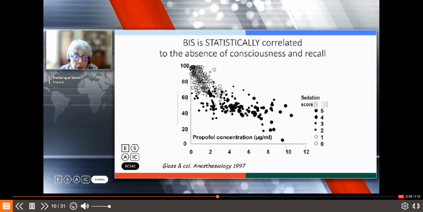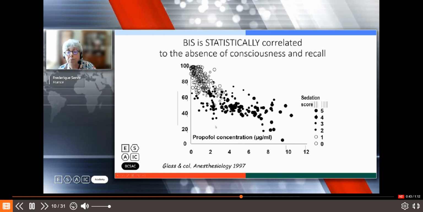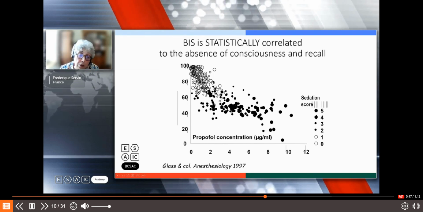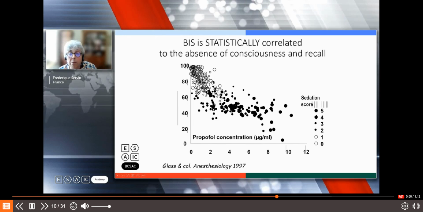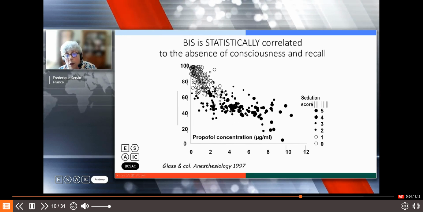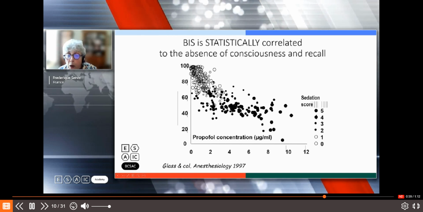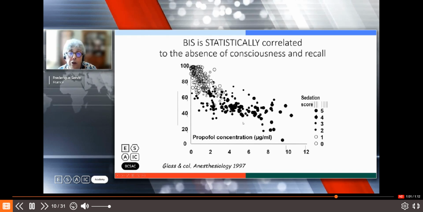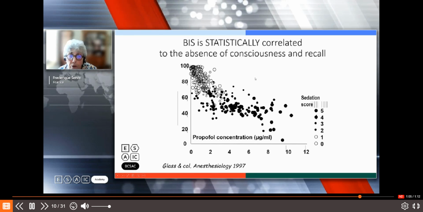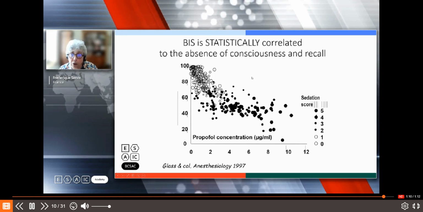And you see that at about 3 to 4 micrograms per mL of propofol, there is a zone where some patients are conscious and some are not. Whereas if you go over 4 micrograms per mL of propofol, all the patients are unconscious. But some are unconscious at very low propofol concentrations. So this is statistically correlated to the absence of consciousness.